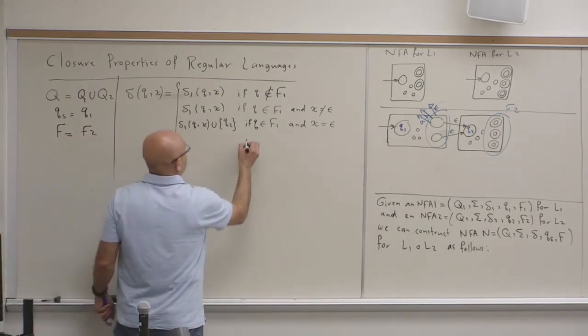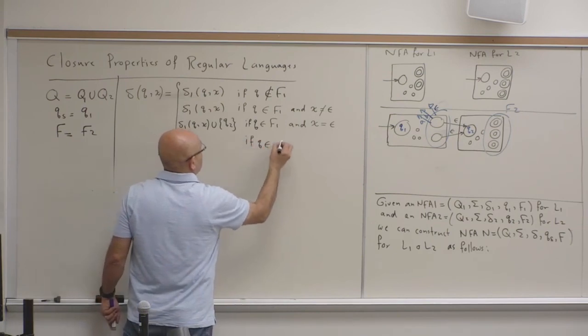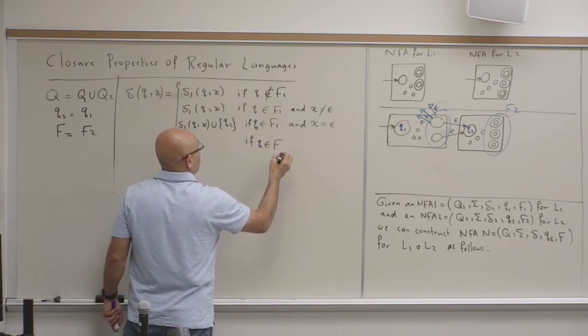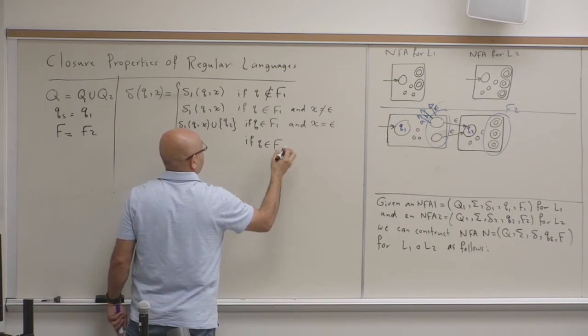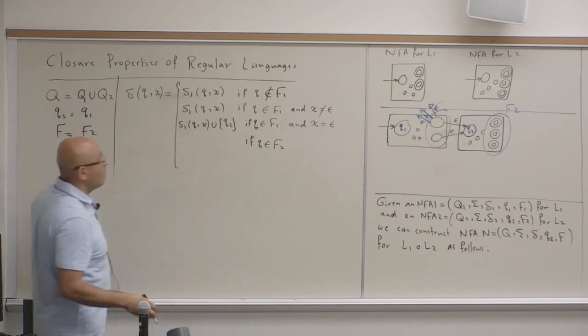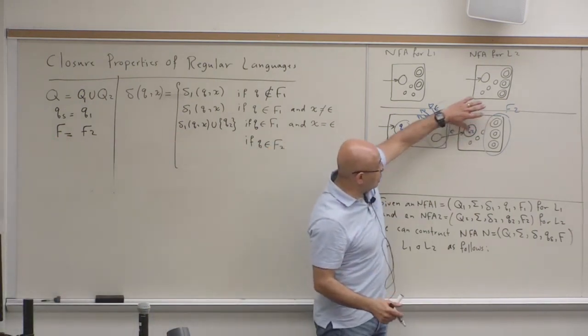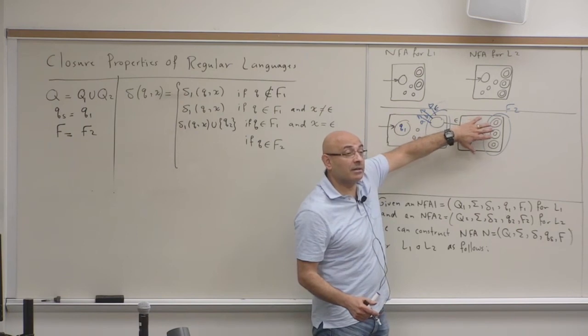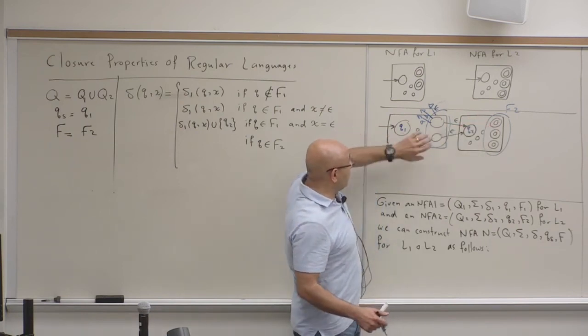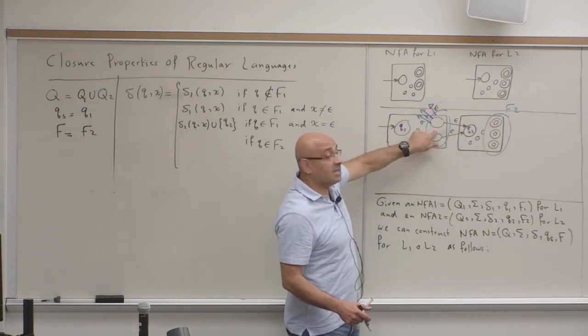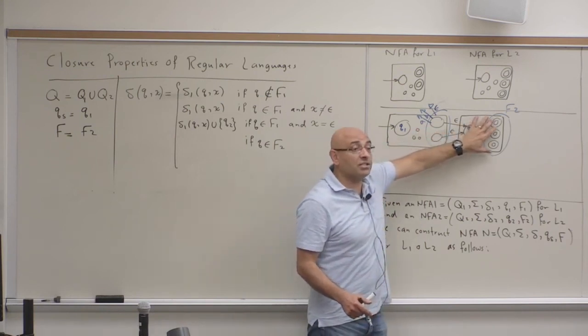Okay, now what if Q belongs to F2? Look at this. Did I change any transition here? The only place where I changed transitions is for those that belong to F1. Here I didn't touch anything.